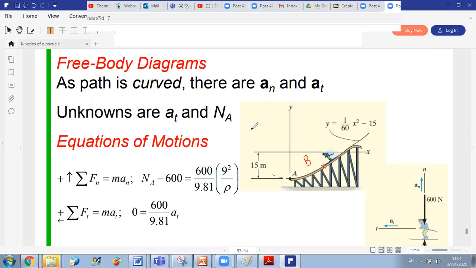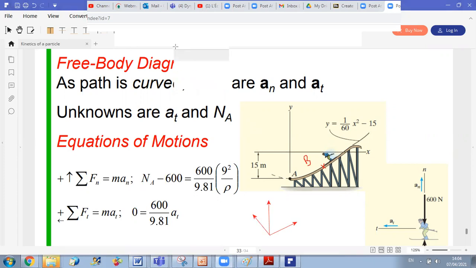In case I want to work in cylindrical coordinates, I will write the unit vectors, if you remember the cylindrical coordinates: u_r, u_theta, u_z. Next time you will see how to know which type of system to use. It will always depend on the problem.